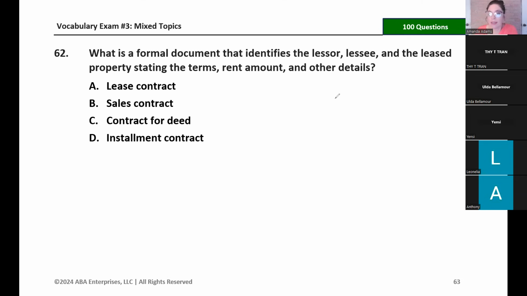What do we call that? That's a lease contract. Okay, and don't forget lessor, that's another word for landlord, right? The owner of the property, typically the landlord. The lessee, that is the renter.